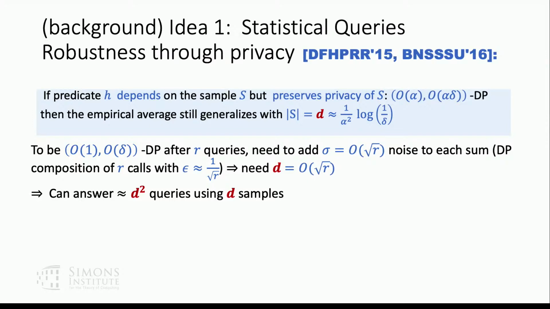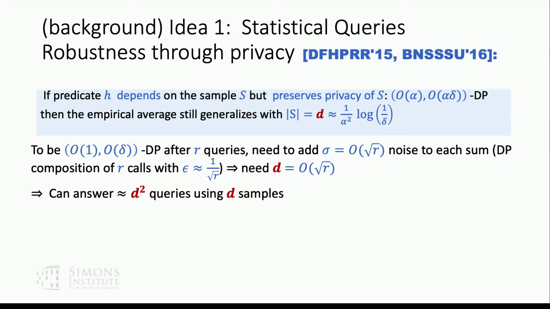And so we need to add privacy noise with a standard deviation of about square root of R, using DP composition, in order for the overall privacy cost to be this. So basically, if this is the amount of noise that we add, we need the number of samples to be of order of that times some constant, right?